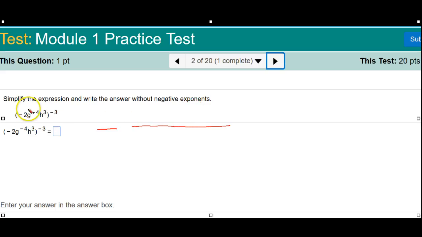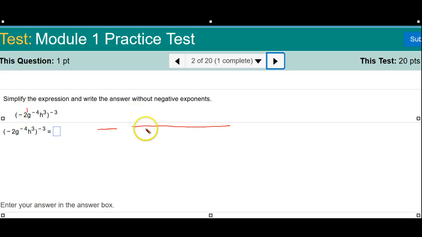Now here we have a 1 by the 2, and we have to multiply when we're raising powers to a power. So this is going to be 2 to the 1st, and then that 1 times a negative 3 will make this 2 to the negative 3.